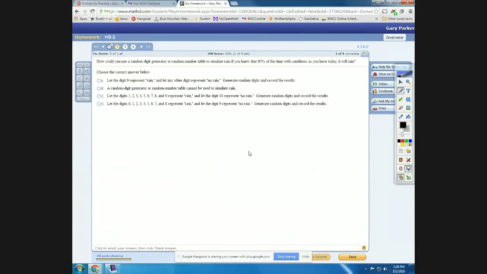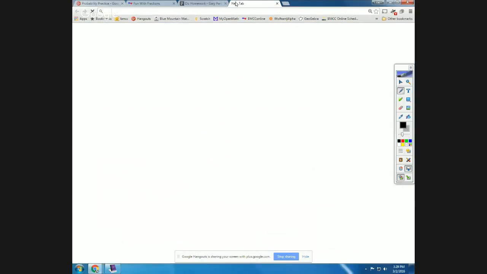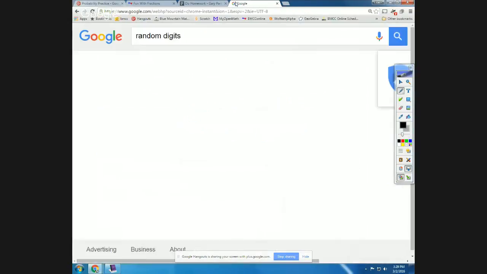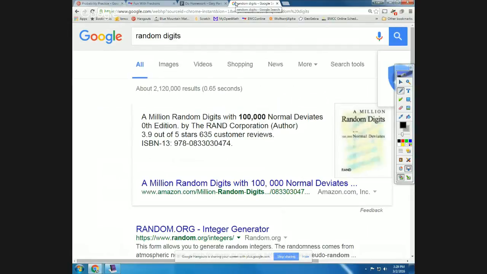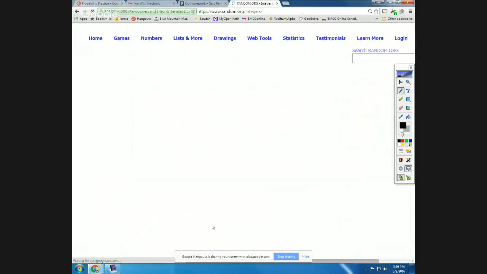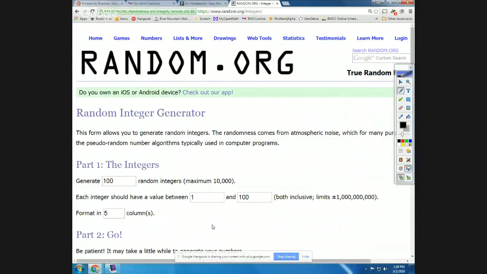If you look on page 508 in the book, they have a sample of random digits. Or you could just go online and say something like a million random digits. Or we can go to random.org, to the integer generator, which we played around with in class the other day.